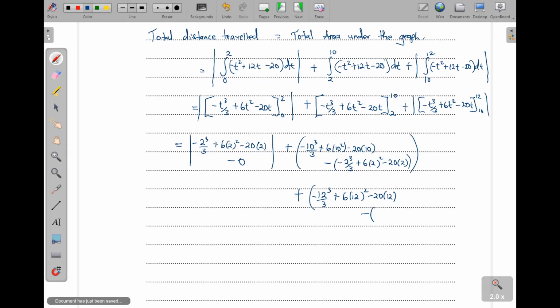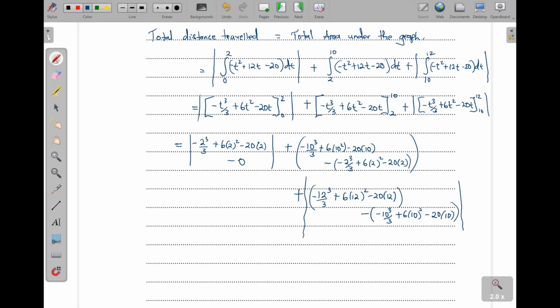Then this other one here, remember it is in the modulus. This is negative 10 cubed over 3 plus 6 times 10 squared, then minus 20 times 10, like that, then in the modulus.